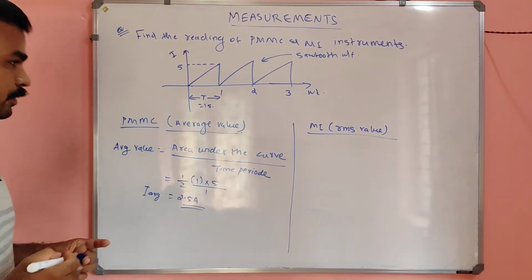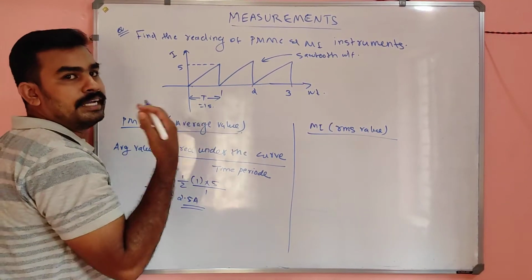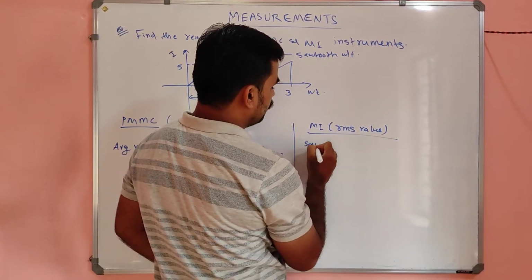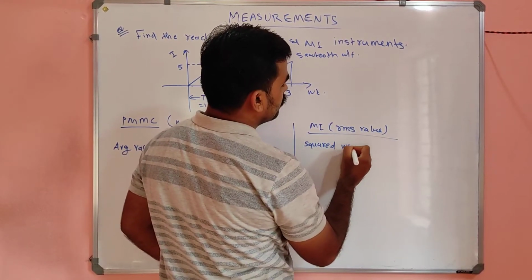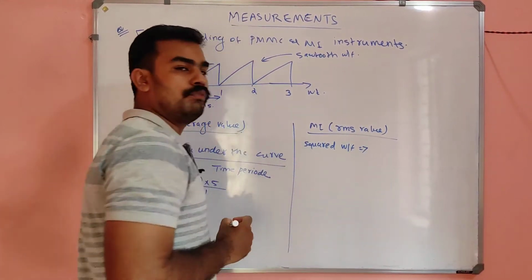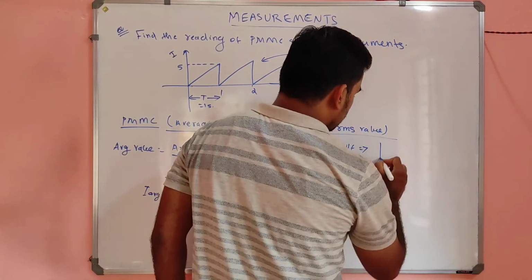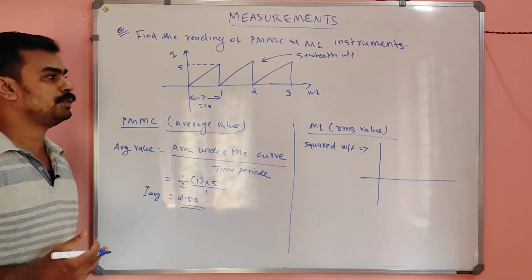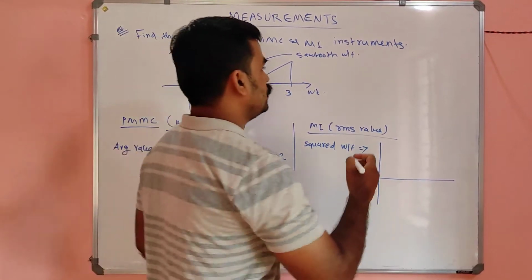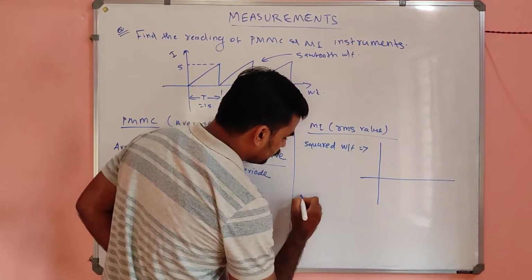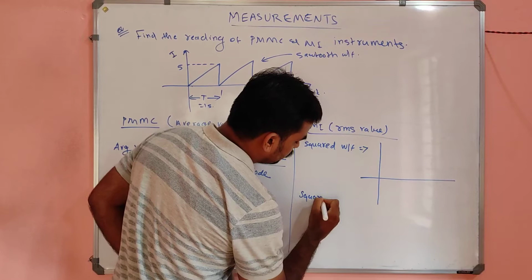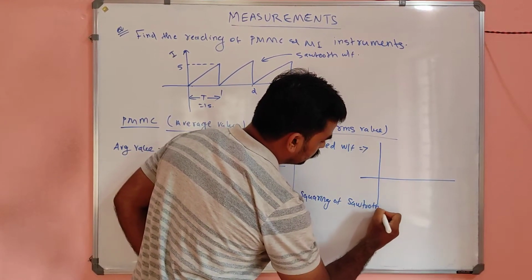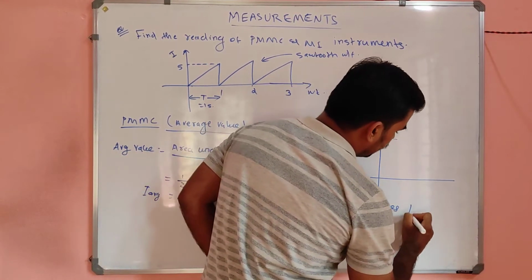So listen, my dears. You have to find the squared waveform, right? So what will be the squared waveform? See, if you square this sawtooth waveform, you will get a parabola. Squaring of sawtooth gives parabola.